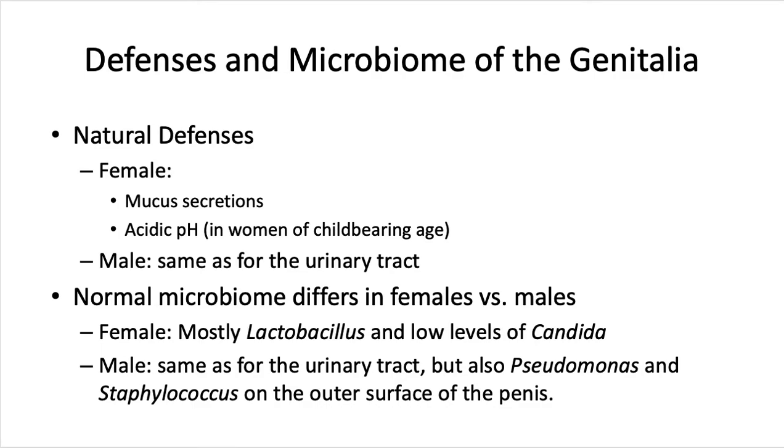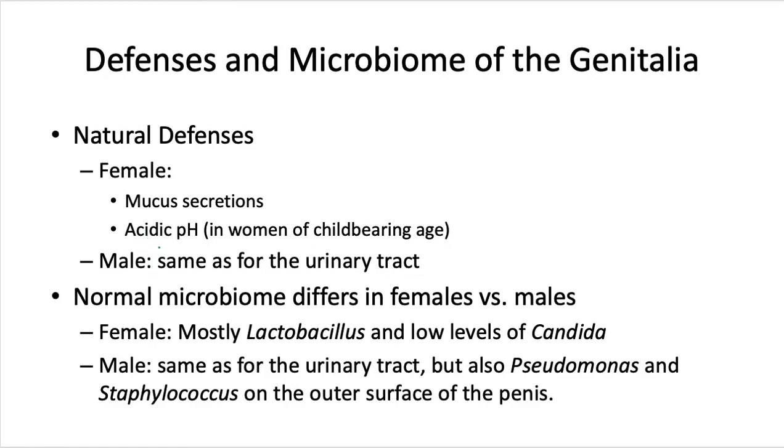In terms of defenses, they're going to be a little bit different in males versus females because of the different anatomical structures. Females have a lot of mucus secretions coming from the cells that line the vagina, and that mucus keeps microbes moving outward. There's also antimicrobial peptides found in mucus.